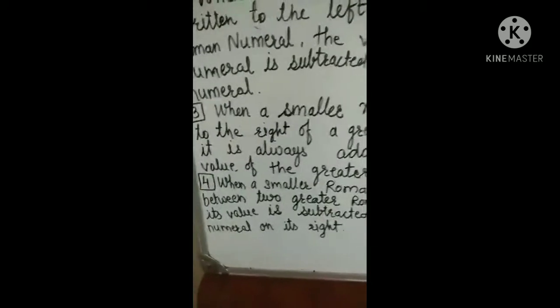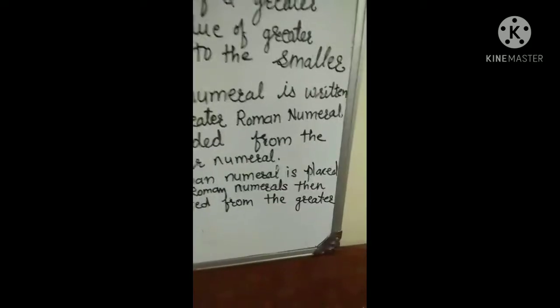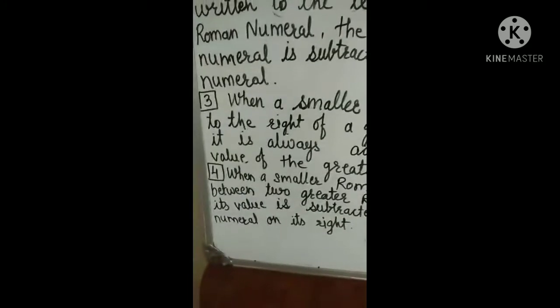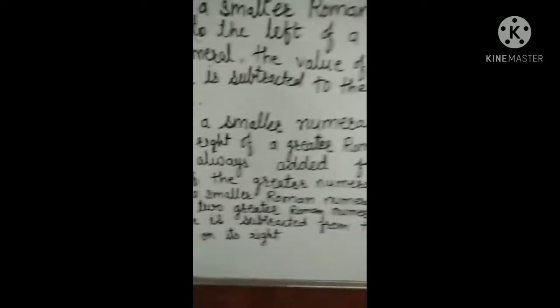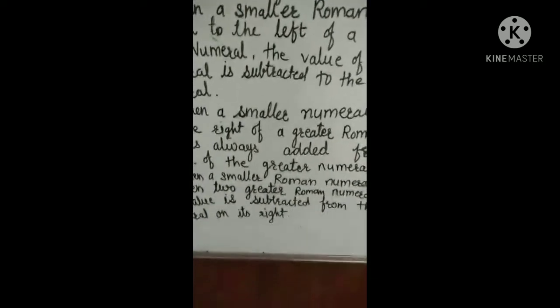Now for 5 we can write V. Next rule, when a smaller numeral is written to the right of a greater Roman numeral, it is always added to the value of the greater numeral.